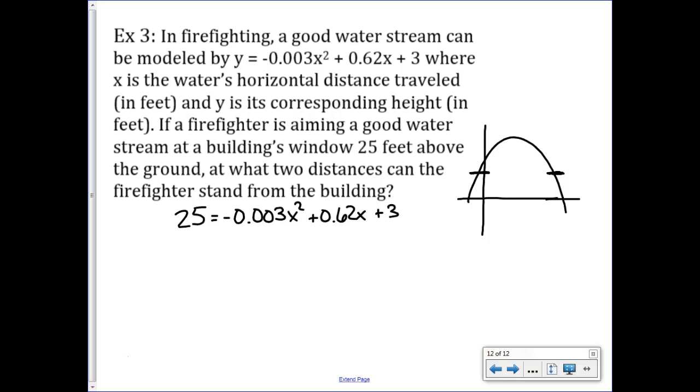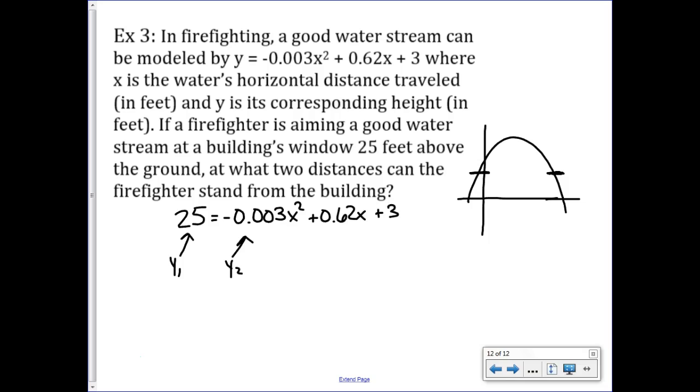Or you can plug this into your y1 and this into your y2 and see where these 2 intersect. So you can do second calc 0 or second calc intersect. I would pause the video here and try to do those 2 things so that you get the practice there.